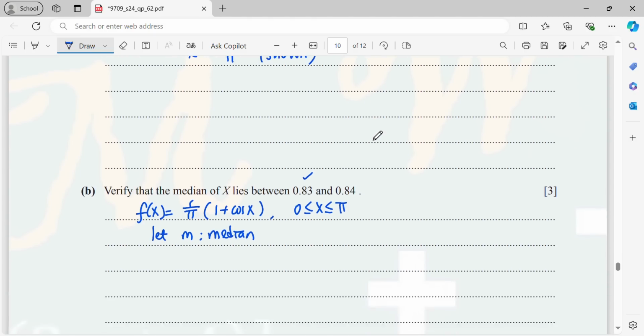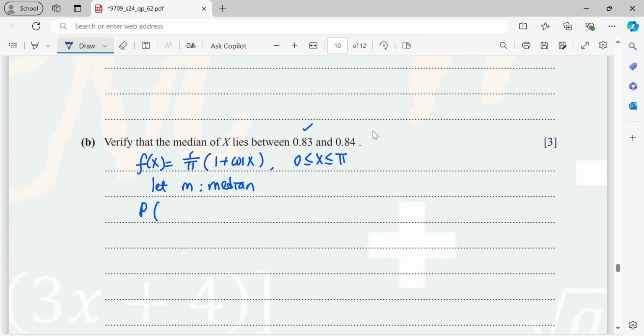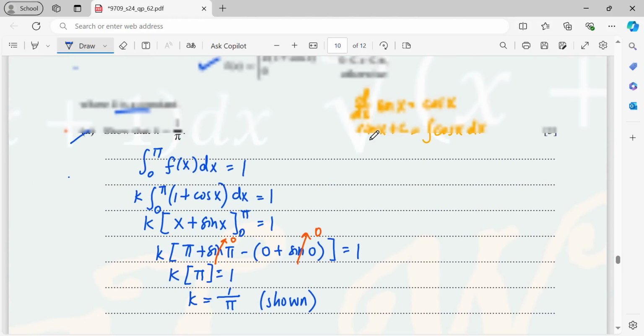All right. So now I calculate. So P x from 0 to 0.83. Now, this probability is just the integration, right? 0 to 0.83 fx dx. Since we have done the integration in the previous step, which is here, so I will just replace the k and change the pi into 0.83.